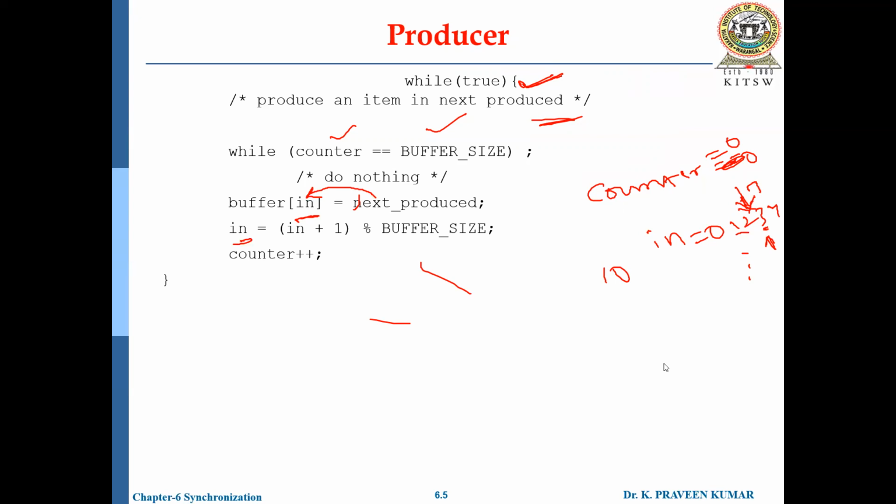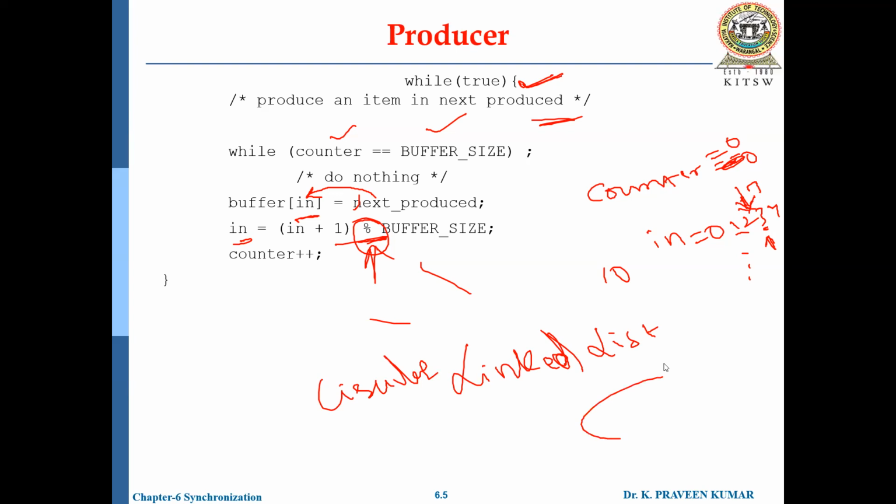Then in will be incremented with the help of modulo division. Why do we have to use modulo division? At the time of circular linked lists, we have studied how to update a value from one place to another, how we can move.